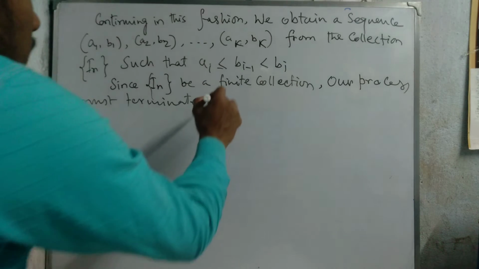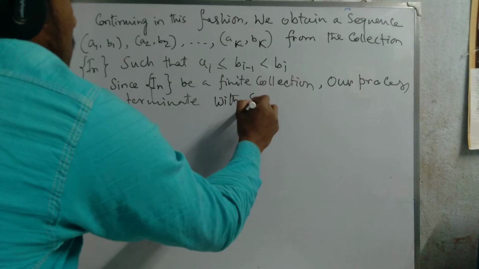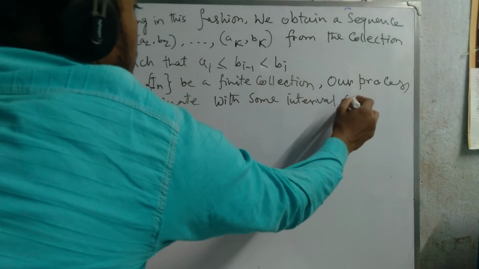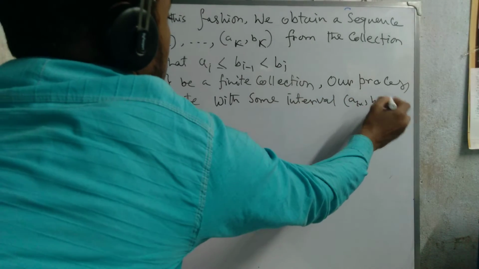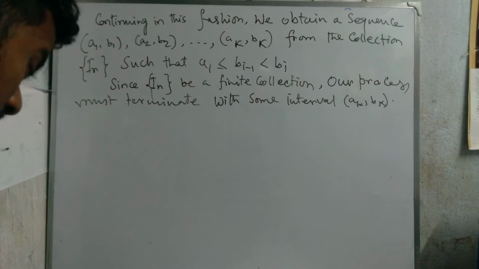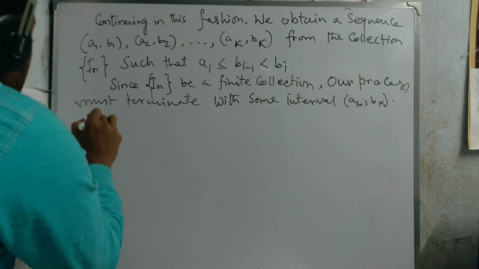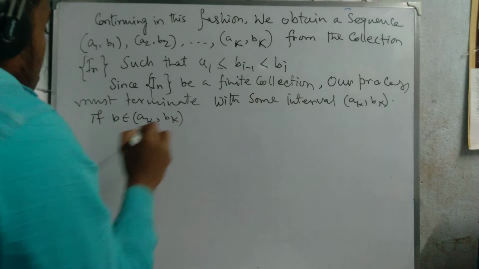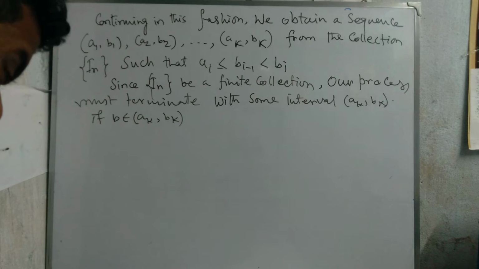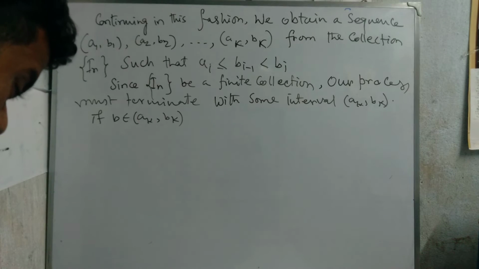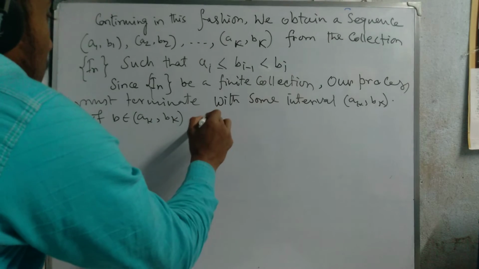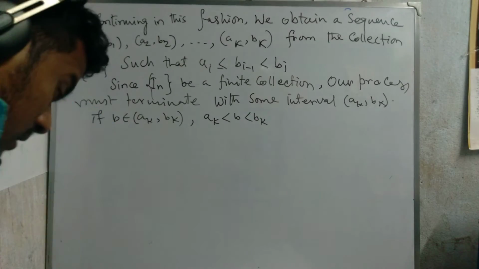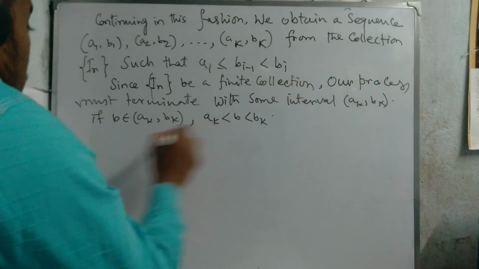With some interval Ak Bk, then what do we get? Then if B belongs to Ak Bk, then Ak is less than B less than Bk, that's what we get.